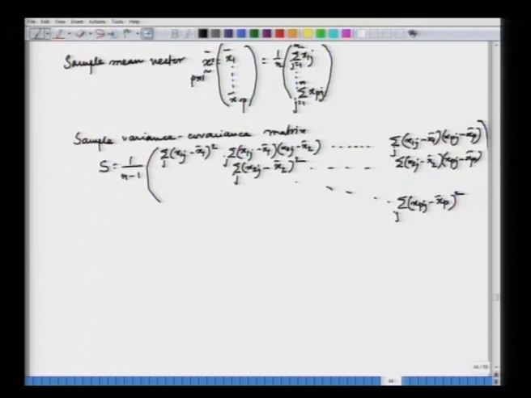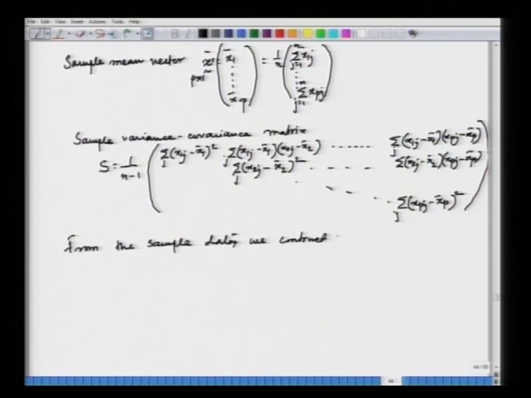Right. So, this is the sample variance covariance matrix I have, with divisor n minus 1. From the sample data, we may either have the complete data or we may have concise data, like the mean vector and the sample variance covariance matrix. Now, from the sample data, our objective is to construct the principal components.